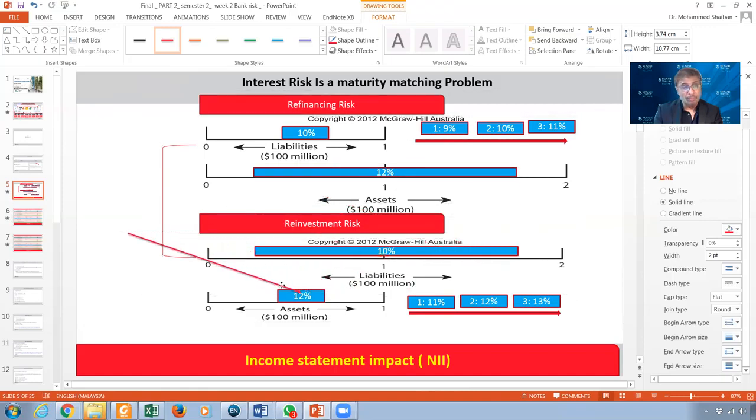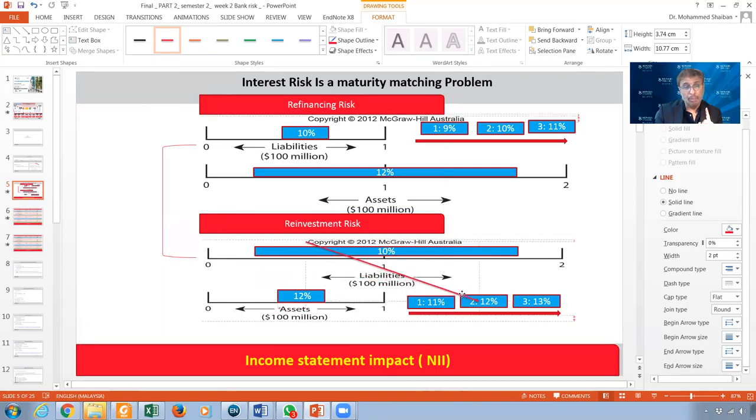This guy, the borrower, will give me only 12% in the first year. In the second year, we will have new terms and conditions, which means the rate could be 11%. Now, 11% is a problem. Why? Because I used to have 12%, now it's 11%, which means there will be a 1% decrease in my net interest income. I'm still gaining, but there is a 1% drop from this year to this year.